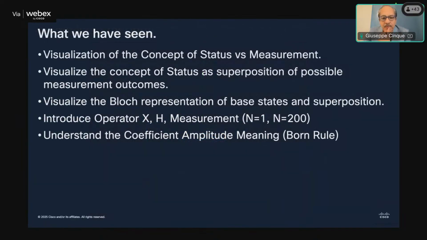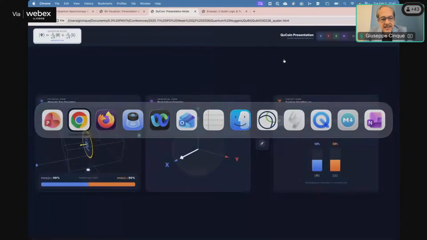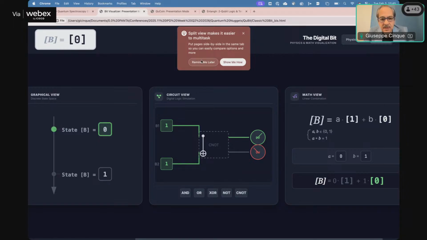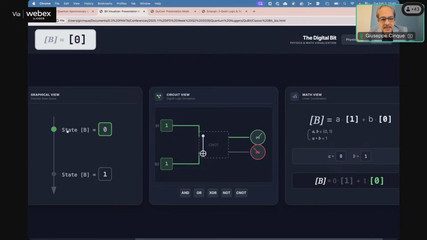So we have seen two concepts: the status of the bit versus the status of measurement. In the classical bit, what is the status of the bit? It's also what I observe. There is no ambiguity.